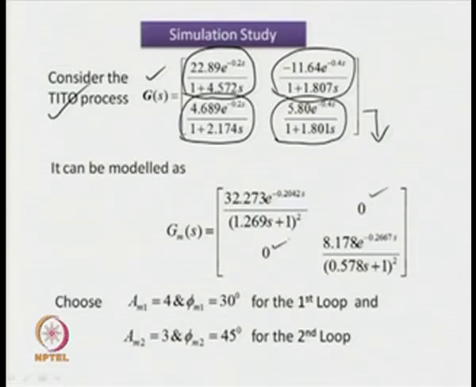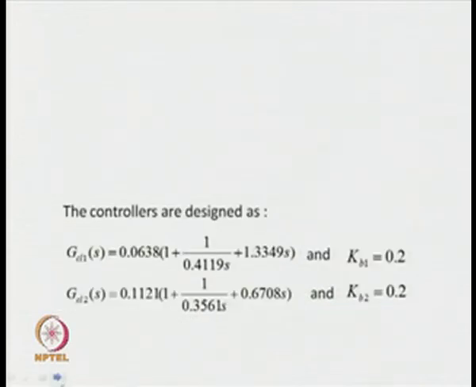Next, choosing a gain margin of 4 and phase margin of 30 degrees for the first loop, and a gain margin of 3 and phase margin of 45 degrees for the second loop, the controller has been designed. Initially, we get the design values for KC1 star, KC2 star, next TI1 star, TI2 star, and subsequently TD1 star and TD2 star.